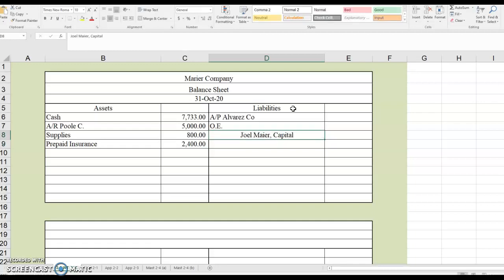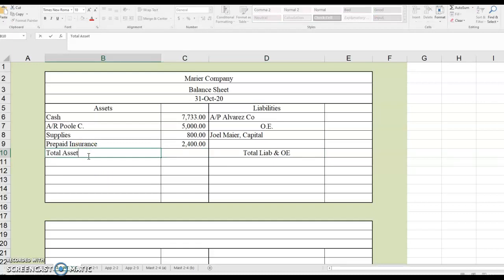Oh, this should be centered. This should be left justified. And then our total would go here. So I'm going to do total liability and OE. And over here, total assets can go on that line.